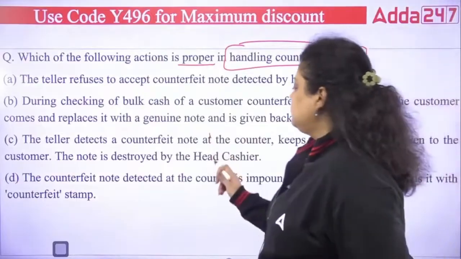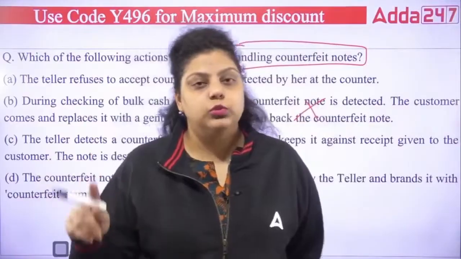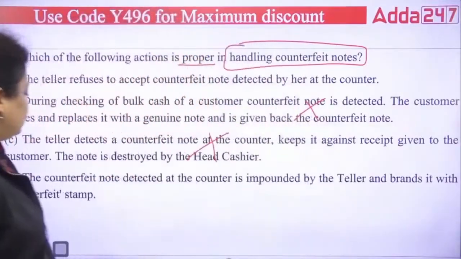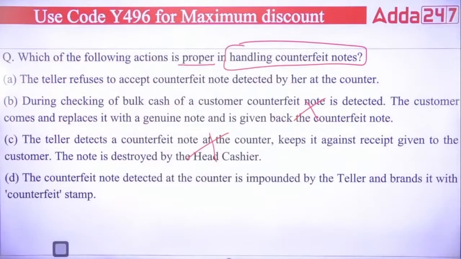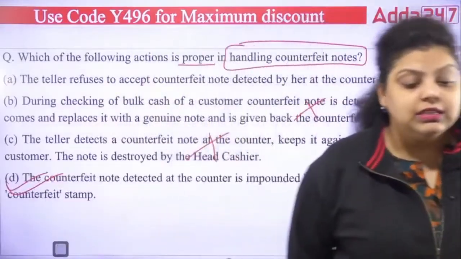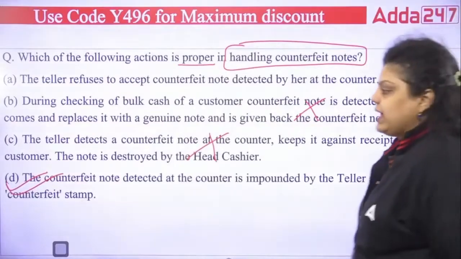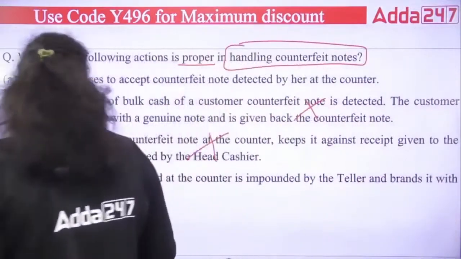Cannot be done. You cannot destroy the notes. You have to send those notes to the RBI. Then the counterfeit note detected at the counter is impounded by the teller and branded with the counterfeit stamp, and that will be informed to the central bank of our country. So the right answer will be D. This is the proper action that should be taken by the teller. Okay, so your right answer will be your D option.